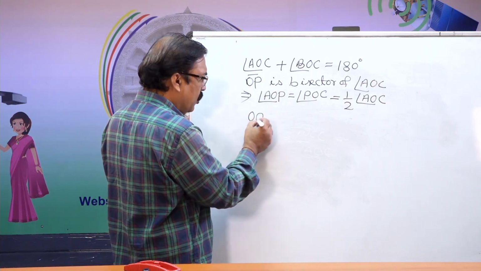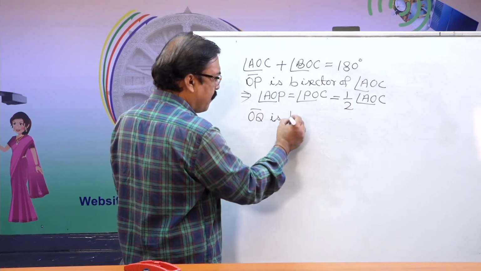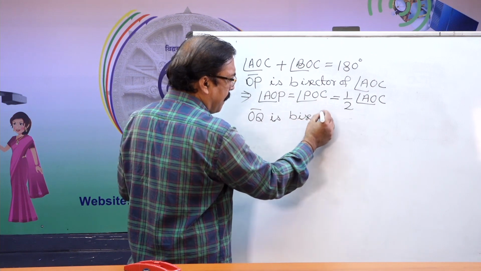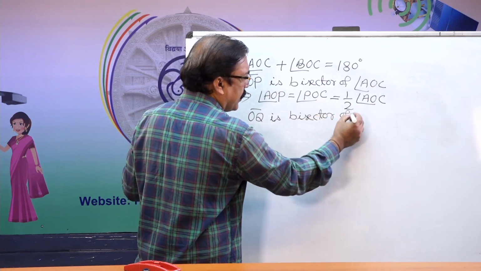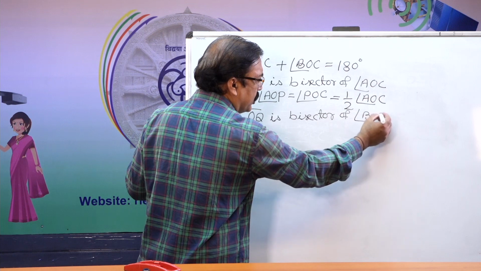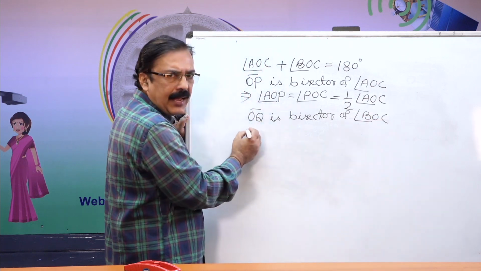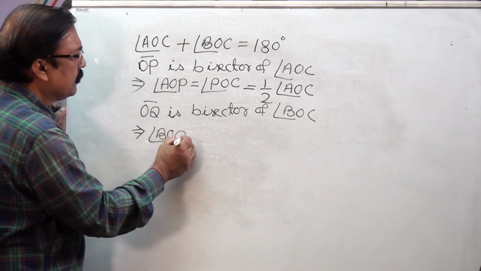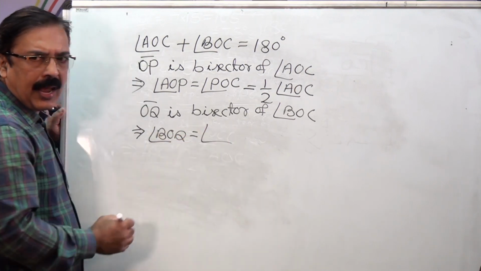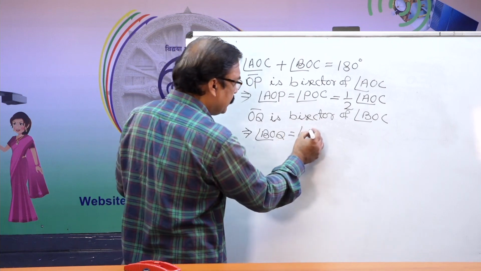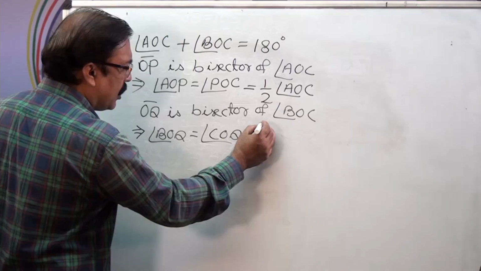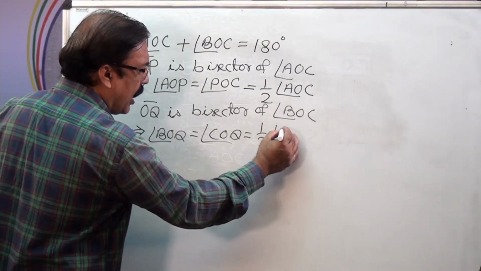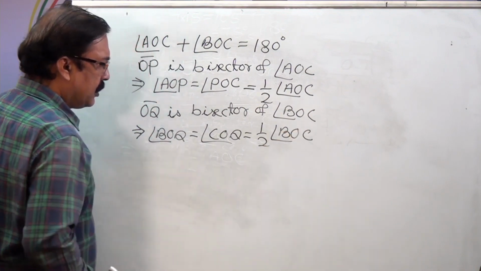Again, OQ is the bisector of angle BOC. This implies angle BOQ is equal to angle COQ, which is half of angle BOC.